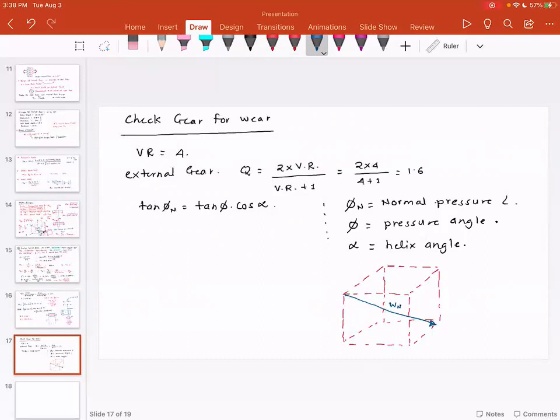And if you think about it, the helix angle is nothing but this angle alpha.